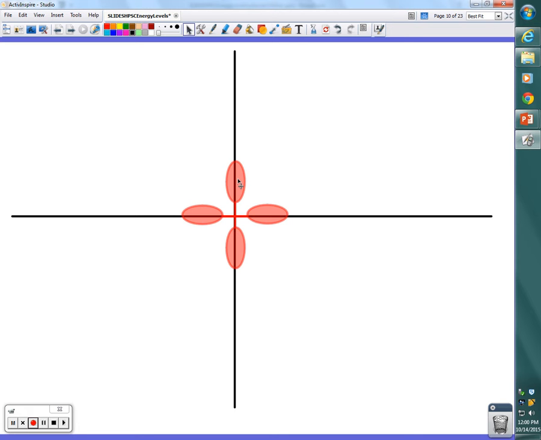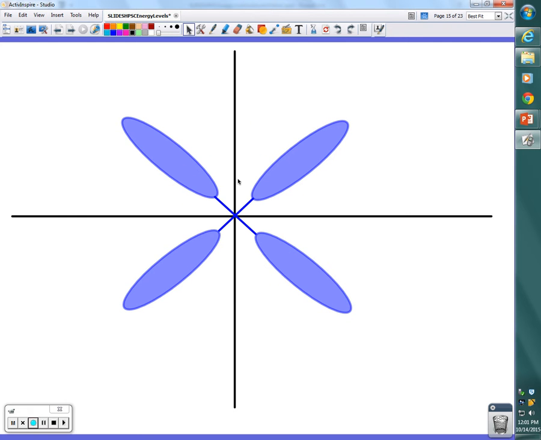The farthest you can get away from these 2 is to go on the z-axis. So it's that idea of, okay, we're trying to get as close to the nucleus, but stay away from the other electrons. And that's why when you add this blue one, now we're trying to fit into those spaces as much as we can, okay? So really, it's just that combination of those 2 things, okay?